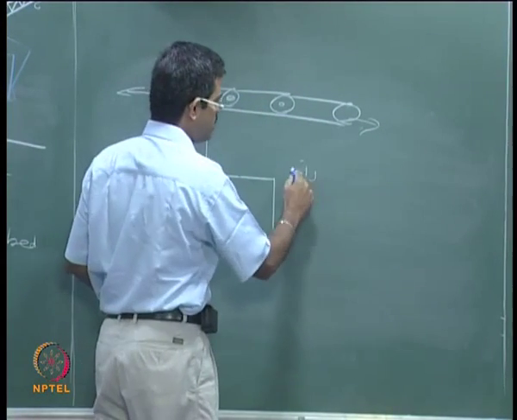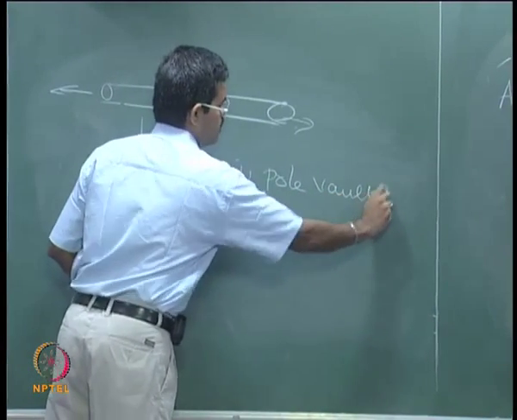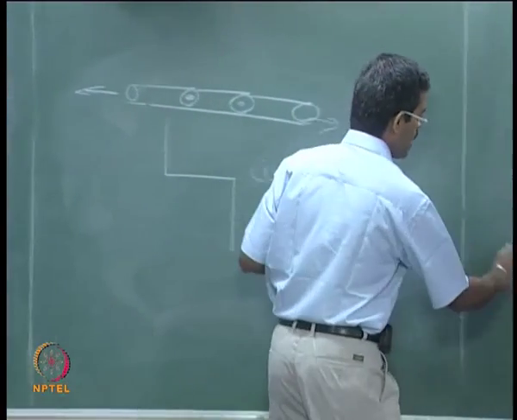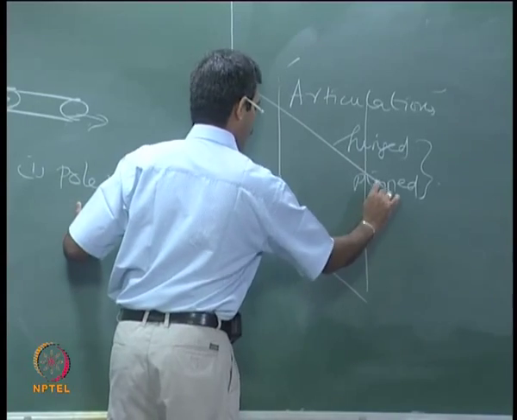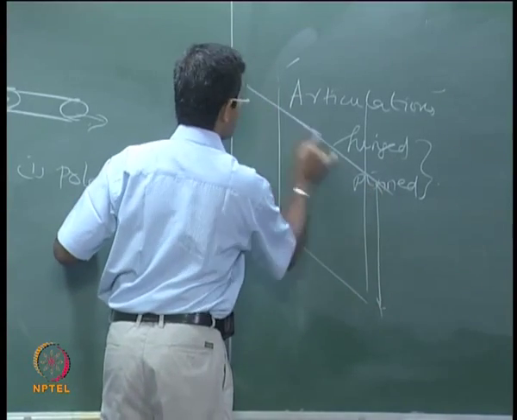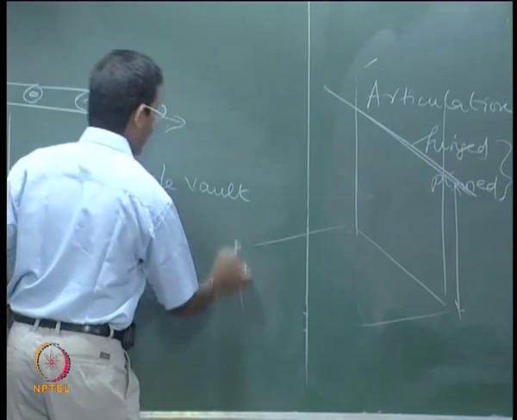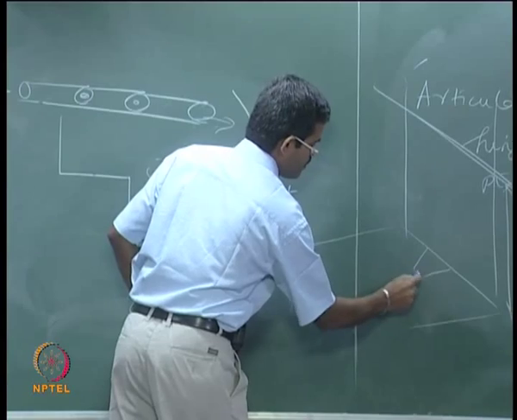Another example is a game called pole vault. Pole vault is a game where people have a long and a high platform, there is a barrier here. The sportsman runs from here with a long stick in his hand, there is a pit available here.